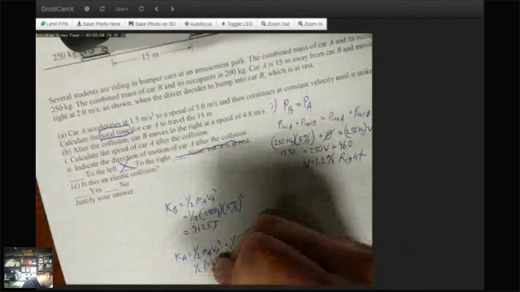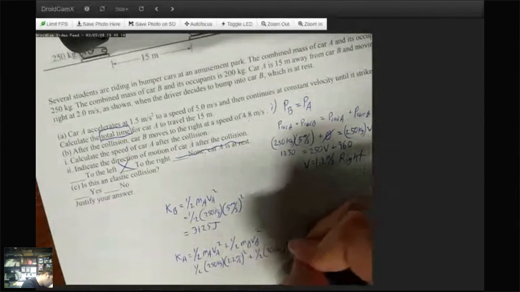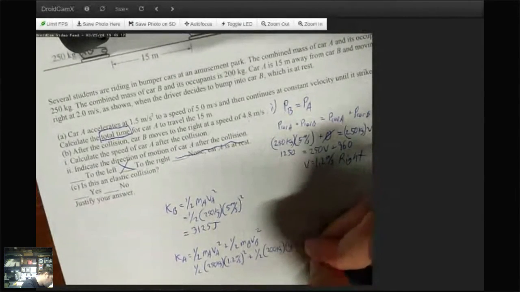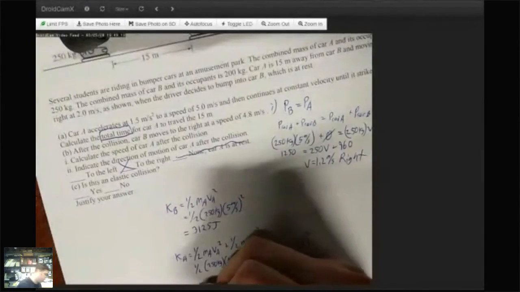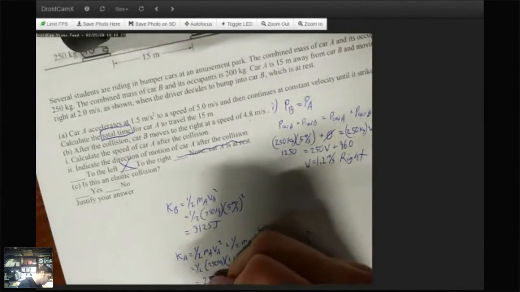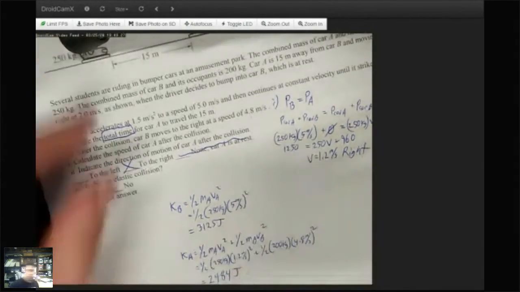So 1/2 of 250 times 1.2 squared plus 1/2 of 200 times 4.8 squared. And when you crunch all these numbers, we get a wonderful energy of 2,484 joules.